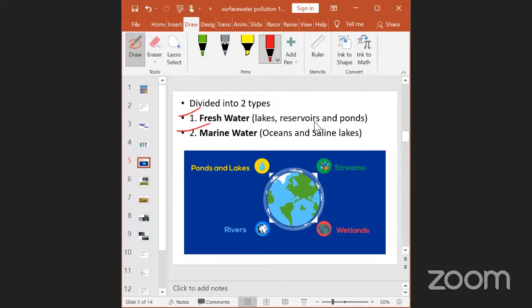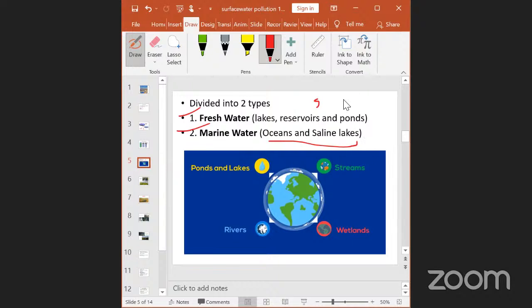Fresh water pollution is pollution of fresh aquatic systems, the surface flowing streams like rivers, seasonal streams, and also surface water bodies like ponds and lakes, right? Marine water pollution is pollution of oceans and saline lakes.